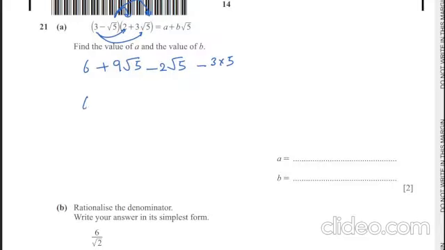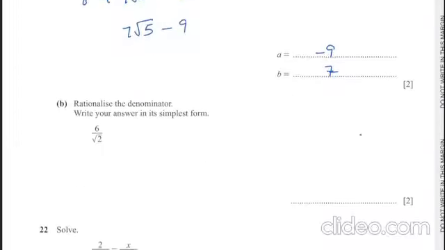So 6 will remain as it is. 9 minus 2 will be 7 root 5, because these are solvable. Minus 15. 7 root 5 minus 9. So answer for this will be A equals minus 9 and B equals 7, because A plus B root 5. In the form of this we have to find the answer.